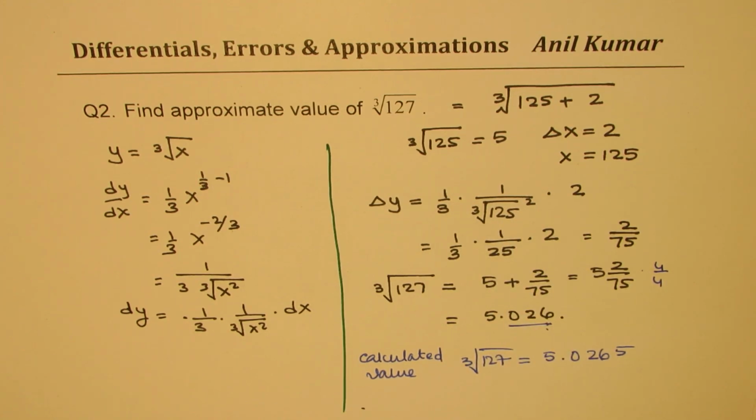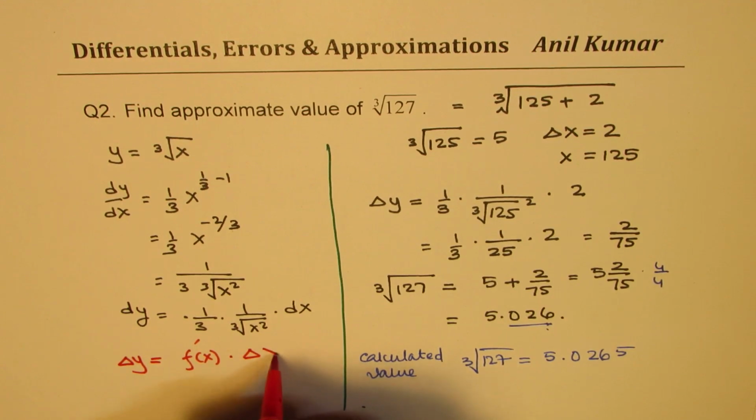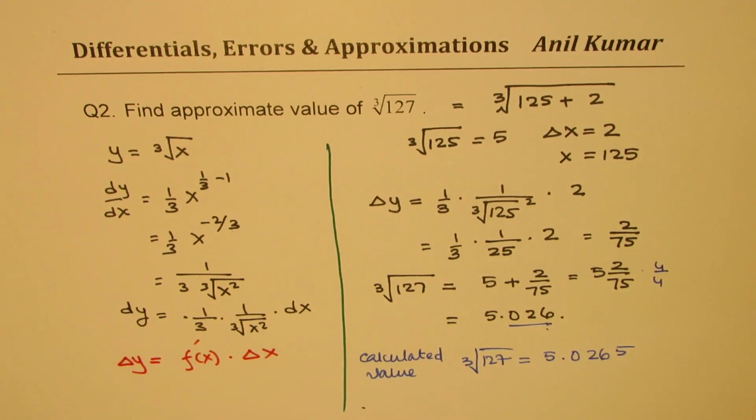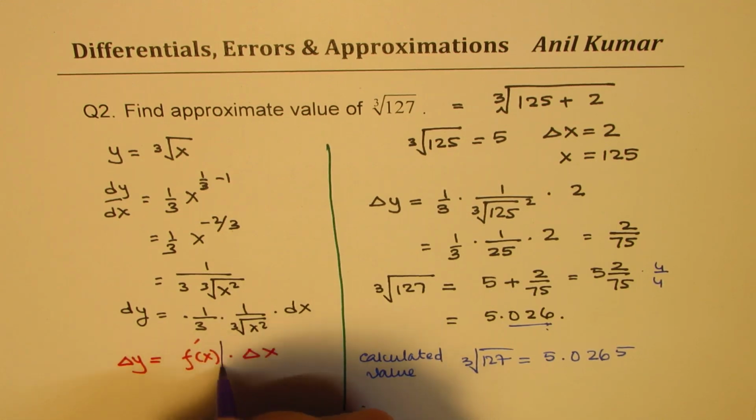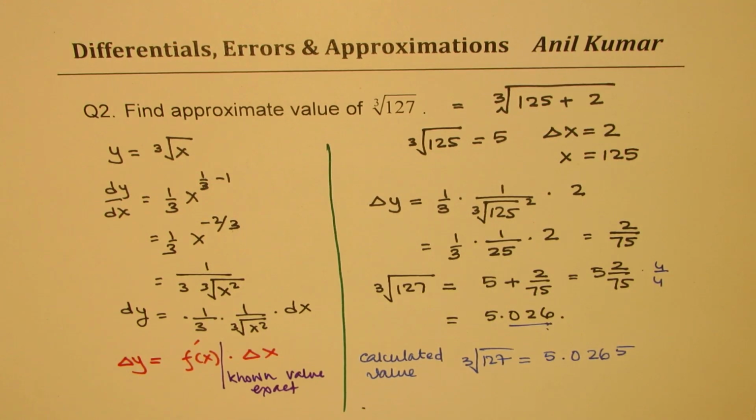So in short, the change in y value will be equal to f dash x times delta x, correct? And f dash x will be at a value which is known. So this is exact, is that okay? And then you multiply by delta x to get the value. Perfect. So I hope that aspect is very clear.